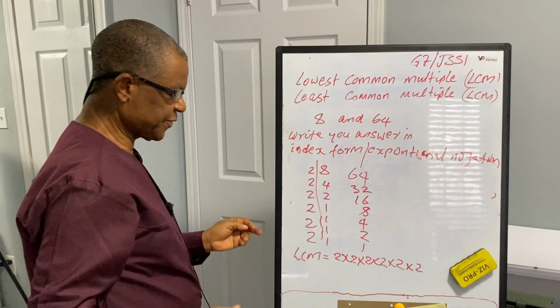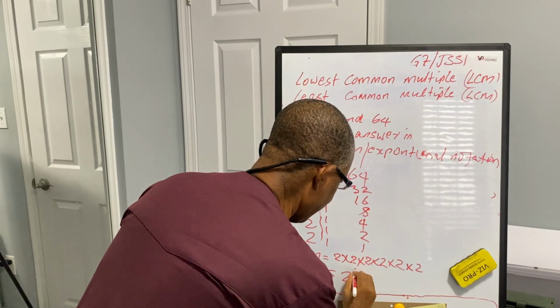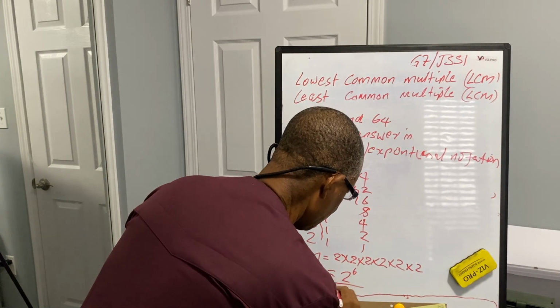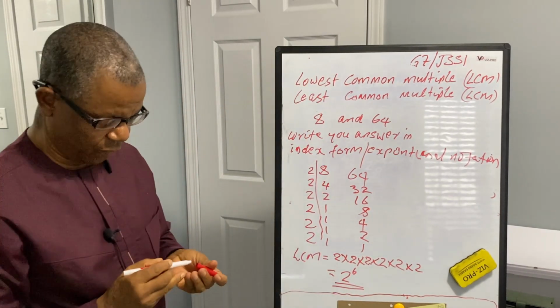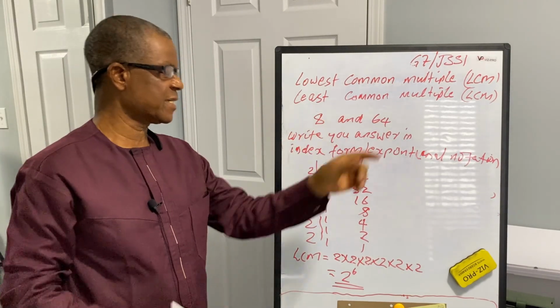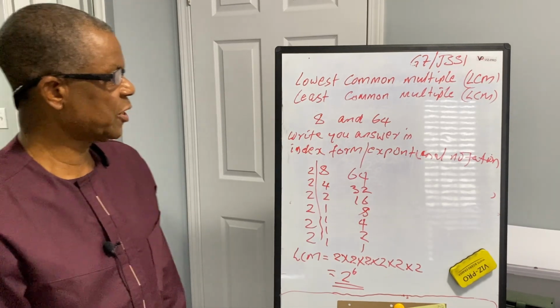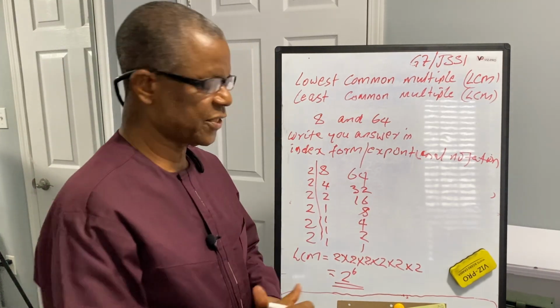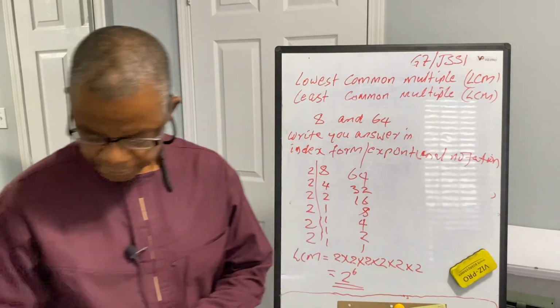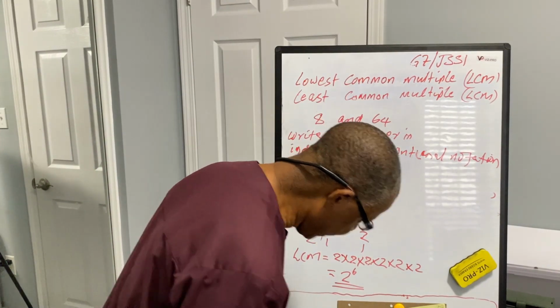Then in index form, this is equal to 2 raised to power 6. We have answered the question: finding the LCM of 8 and 64 and writing our answer in exponential notation or index form. I hope we all are following.